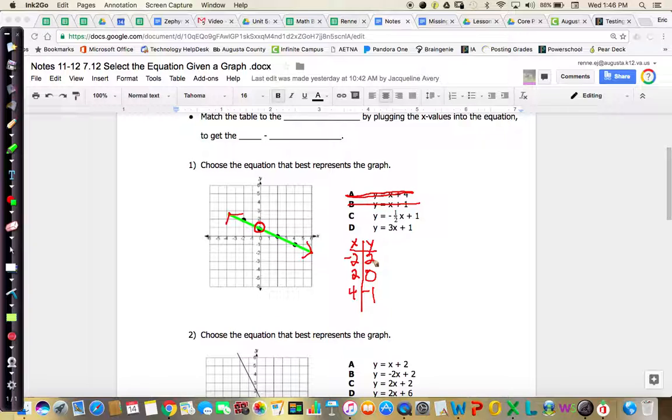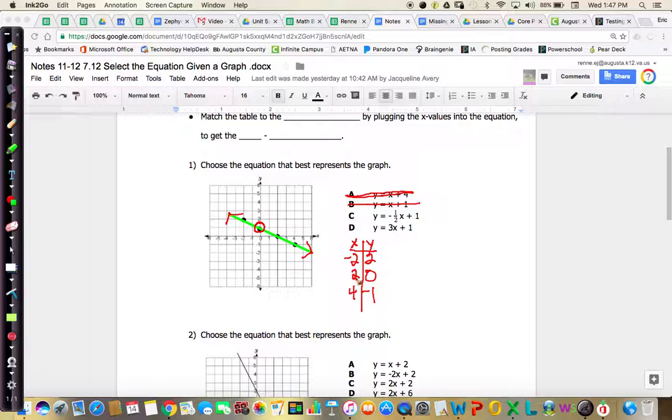Now we're down to 2 choices, okay? I'm going to tell you how to type this into your calculator, and I'm also going to tell you how to do it in your head as well. If you're double checking this in your calculator, you would have to type in 1 divided by 2 negative times -2 plus 1.